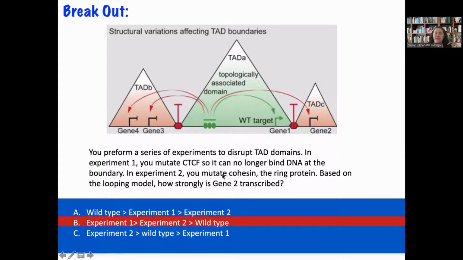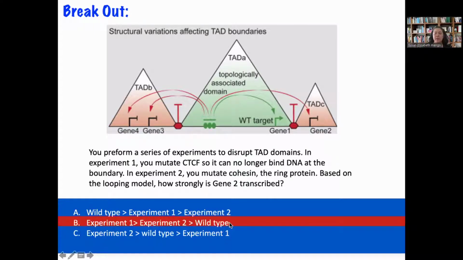On the other hand, if you mutate cohesin, you have no loop at all, and the whole thing is just a linear piece of DNA. So there's no active repression of communication, but they're pretty far apart because the DNA is not in a big loop.